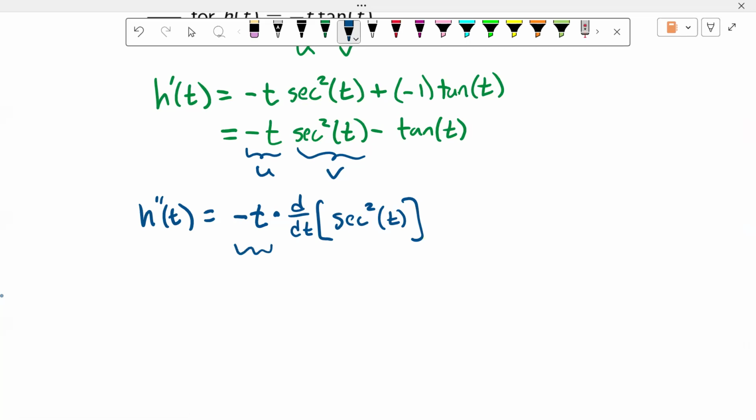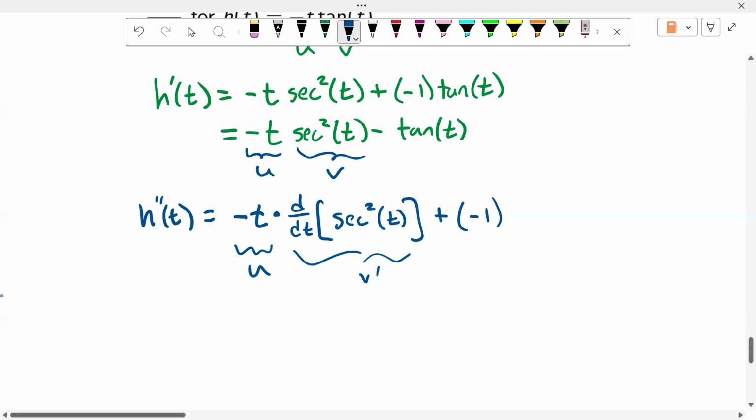This is, just to recap, this is my u, this is my v prime. And by doing that, it allows me to write out my work more fluidly. And then I will add to this the derivative of u, which is u prime, times v. There we go.